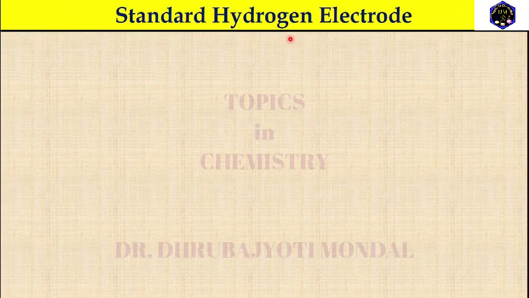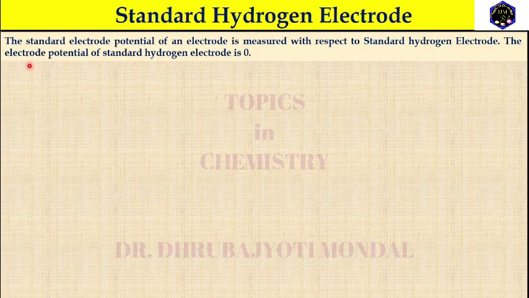The standard electrode potential of an electrode is measured with respect to standard hydrogen electrode. The electrode potential of standard hydrogen electrode is 0. So remember it, the electrode potential of standard hydrogen electrode is 0.